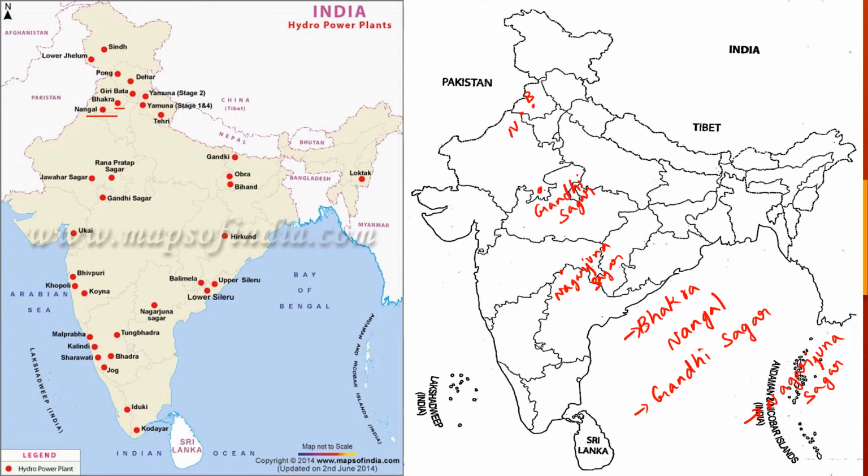The major ones are first the Bhakra Nangal and Gandhi Sagar, then Nagarjuna Sagar. And we also have this Damodar Valley project, which is near West Bengal. So this part is where you can find the Damodar Valley project, which was started in recent times.